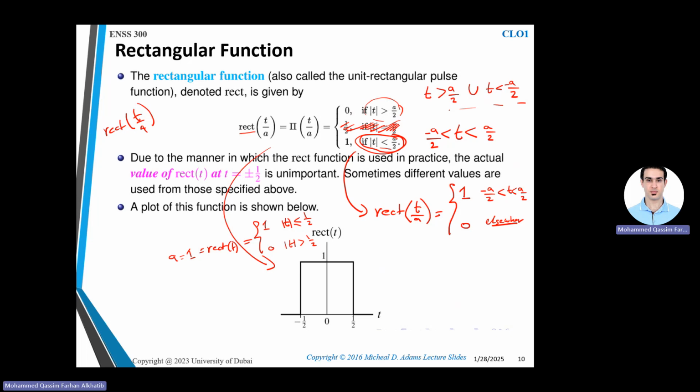What's the value of a? 4. So from negative 2 to 2. So it will be a rectangular function, same amplitude is 1, from negative 2 to 2. That's rect of t over 4.